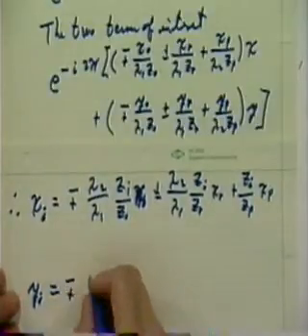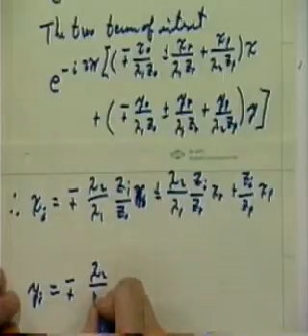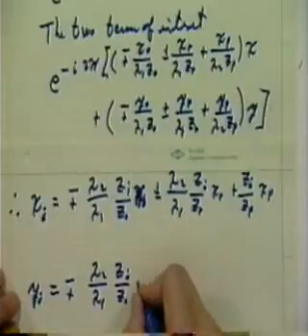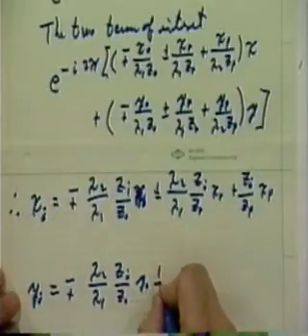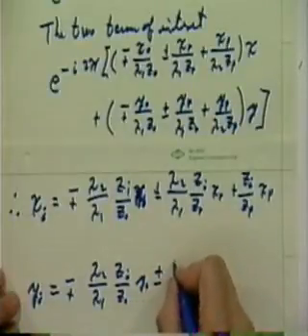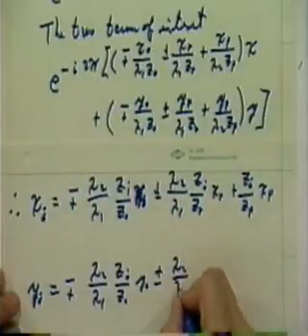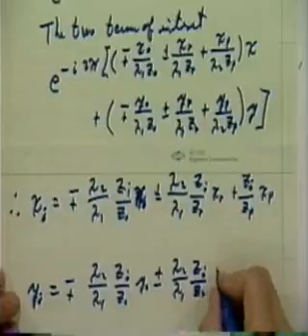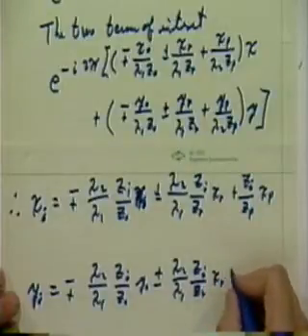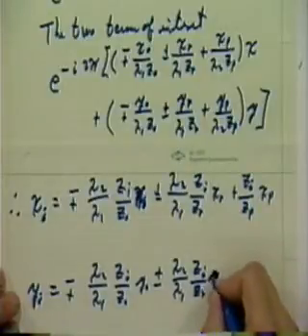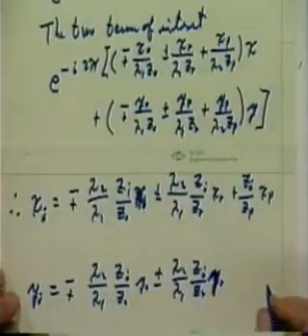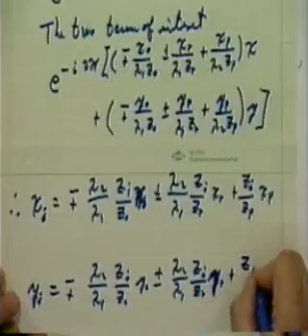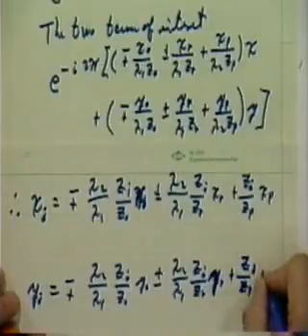So that's minus or plus lambda 2 over lambda 1, z sub I over z naught, y naught, plus or minus lambda 2 over lambda 1, z sub I over z sub r, y sub r, plus z sub I over z sub p, y sub p.